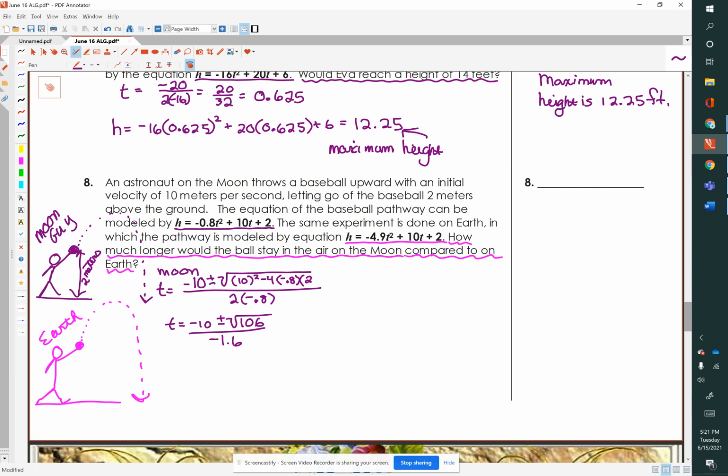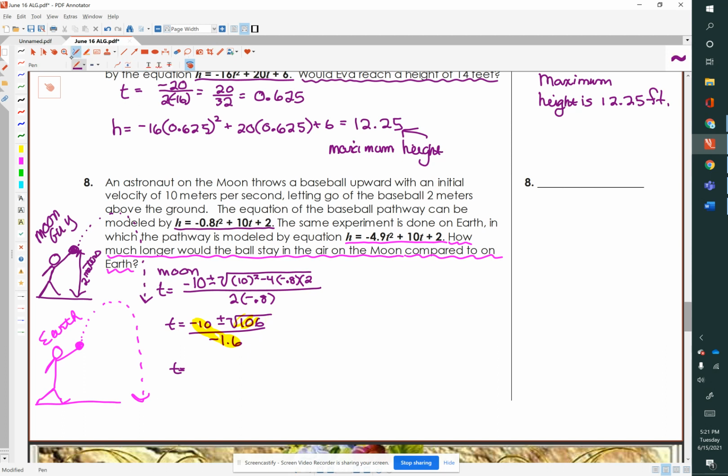So t will equal, let's keep evaluating. We can simplify that. I'm going to use the highlighter to show you this. We're going to divide negative 10 by negative 1.6, plus or minus the square root of 106.